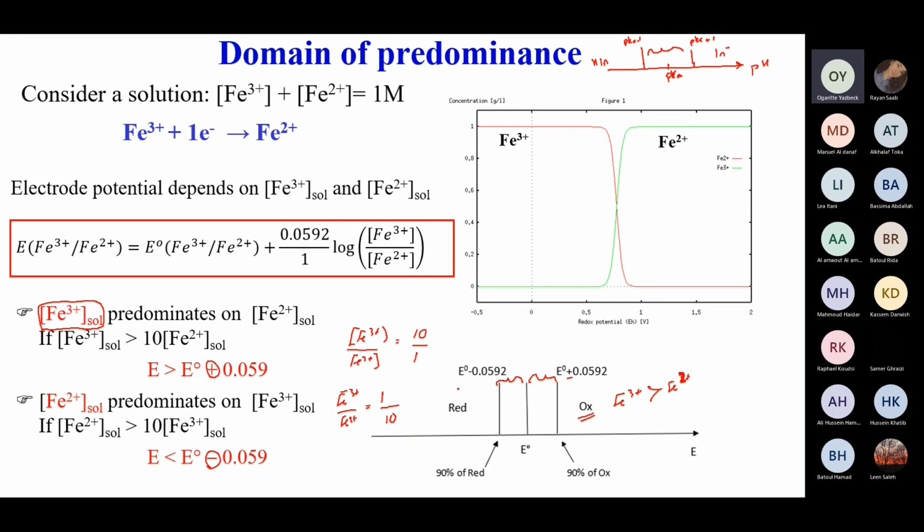In this area the reducing agent predominates, in this area the oxidizing agent predominates, and in between neither is considered predominant. But here it's not plus or minus 1, because I have a number before the log value, while in the Henderson equation we don't have a number. And so that's it for predominance here.